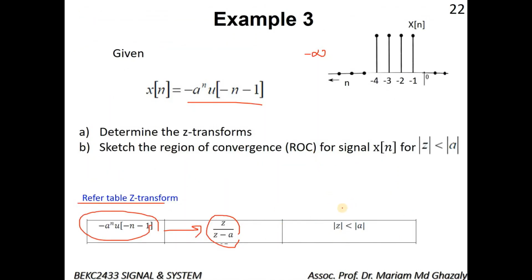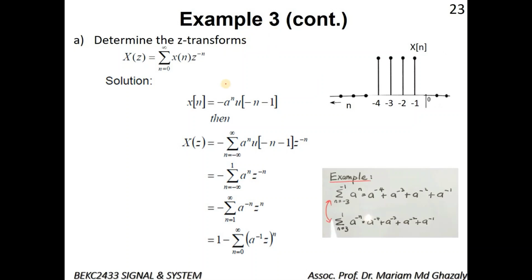However, for example 3, the region of convergence is |z| less than a. So for the left-sided sequence, the region of convergence is less than a, but with the same equation. Let's look at how you can use the general equation to prove it.